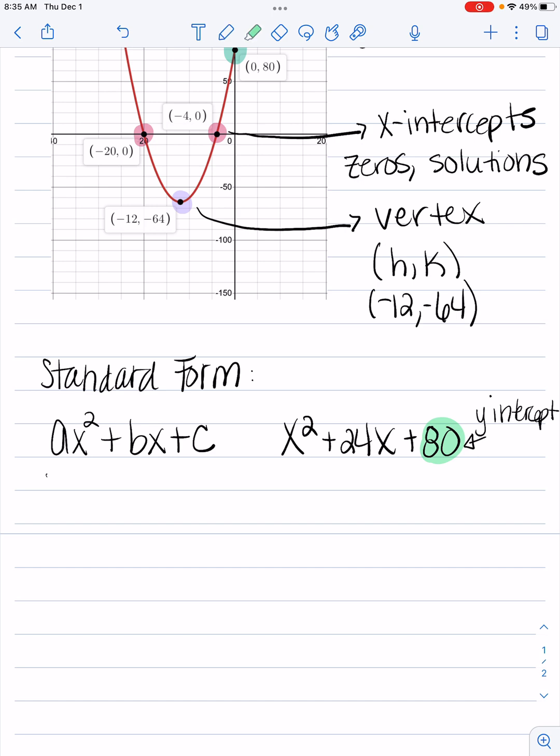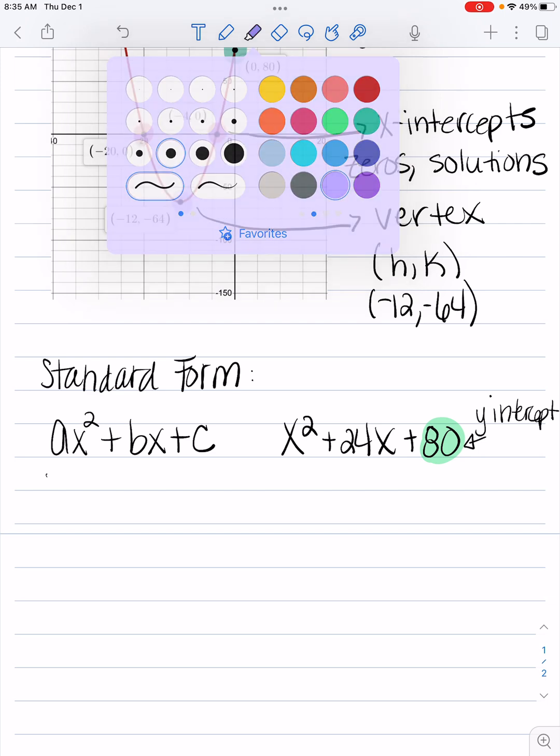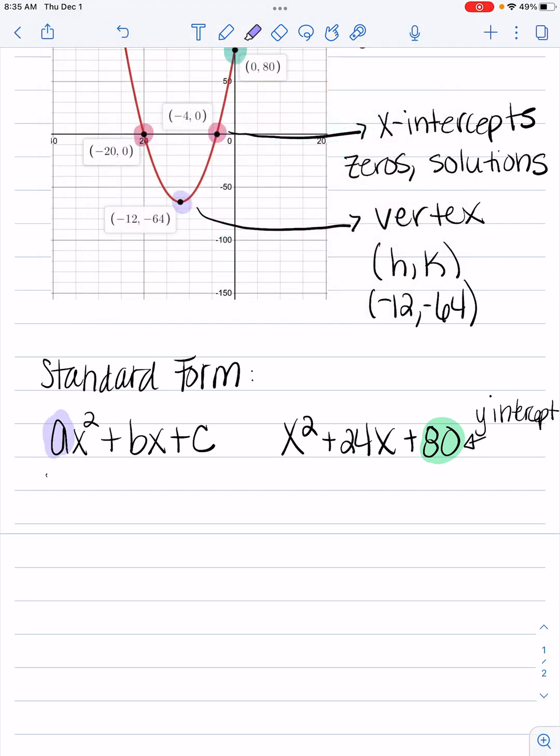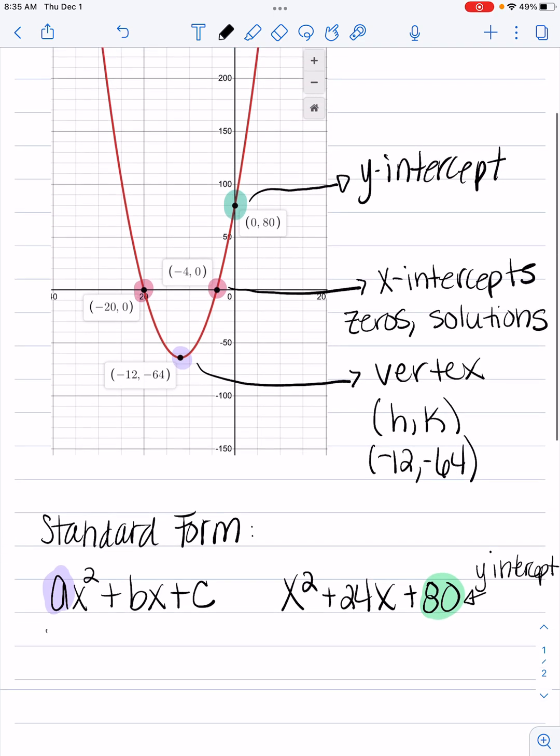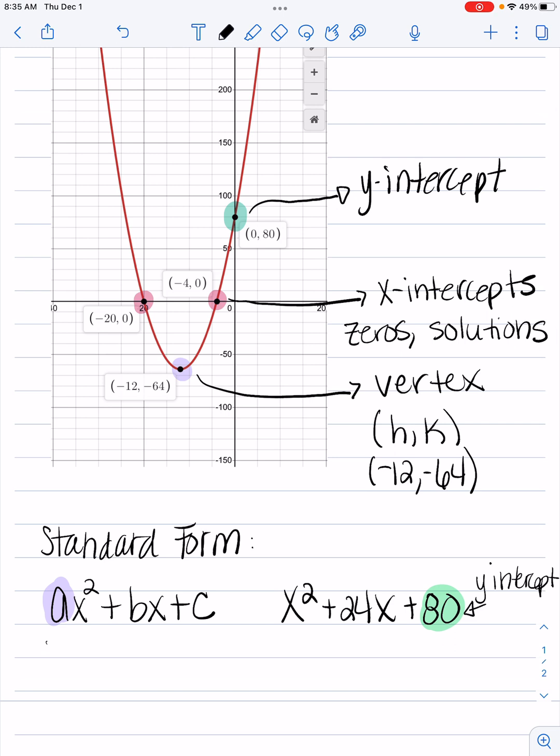The other thing that you need to be familiar with is that when we look here at our equation, you want to always look at and see what the sign is. Is this a positive or negative equation? So for our example, our x squared is positive. So that's going to indicate the direction of the graph. The graph that I have up here pictured is this equation.